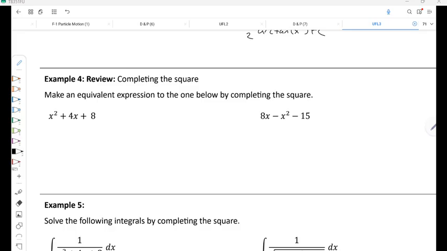Our goal with completing the square is twofold. We need to stay the same. It still needs to be x squared plus 4x plus 8. That usually is our goal in math, to not change things. That's how we end up with wrong answers. So we need to be equivalent to x squared plus 4x plus 8, but we want something to be a perfect square in there.